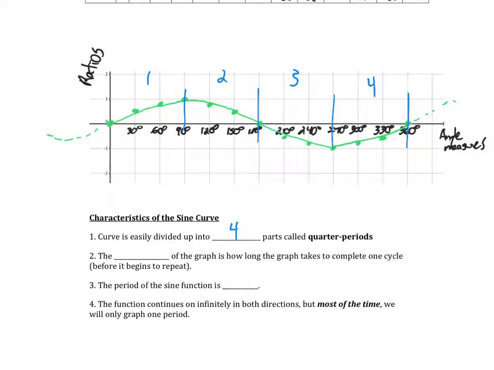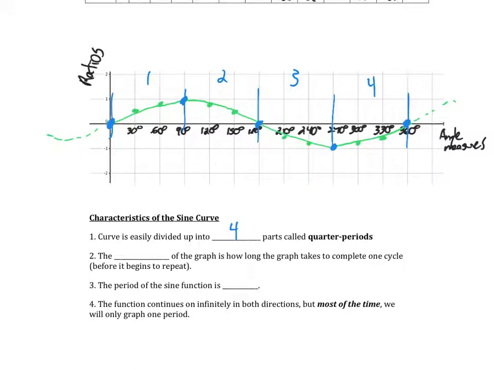At the beginning of every fourth, I have a point at 0, a max point, a point at 0, a minimum point, and another point at 0. Every one of those fourth points is a really special point. It's one of the 0 points, or one of those max and min points. We're going to come back to that, but that's a really important feature.